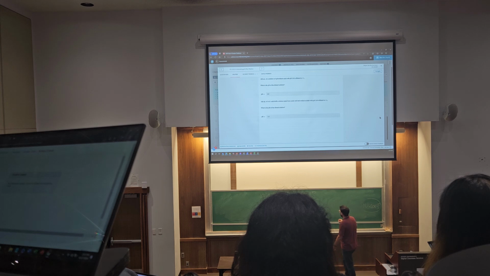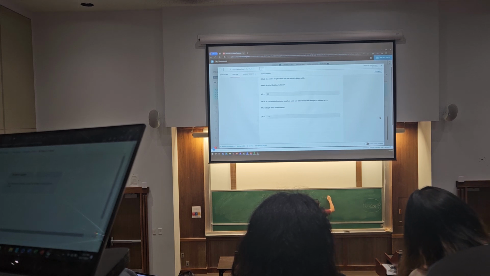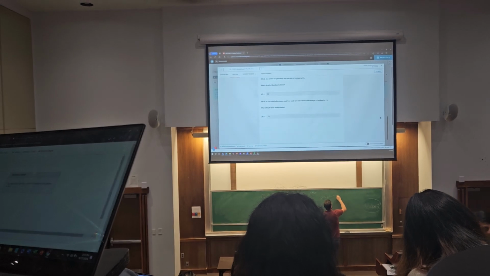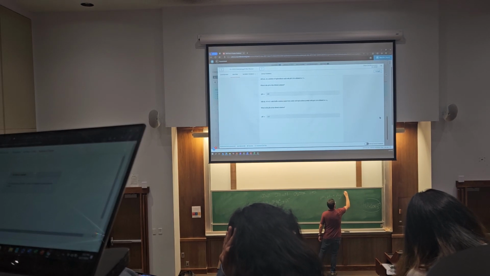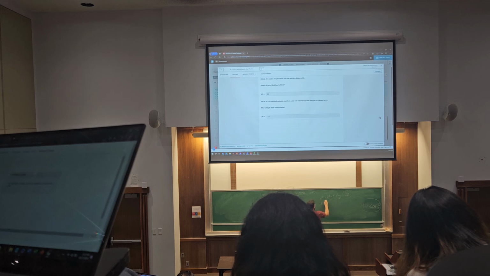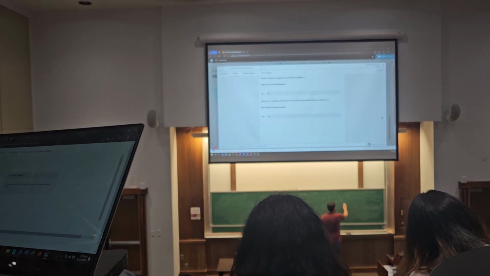Which is? Rearrange this to say that A minus over HA equals 10 to the pH minus pKa, right? So in our case, what does that come out to?